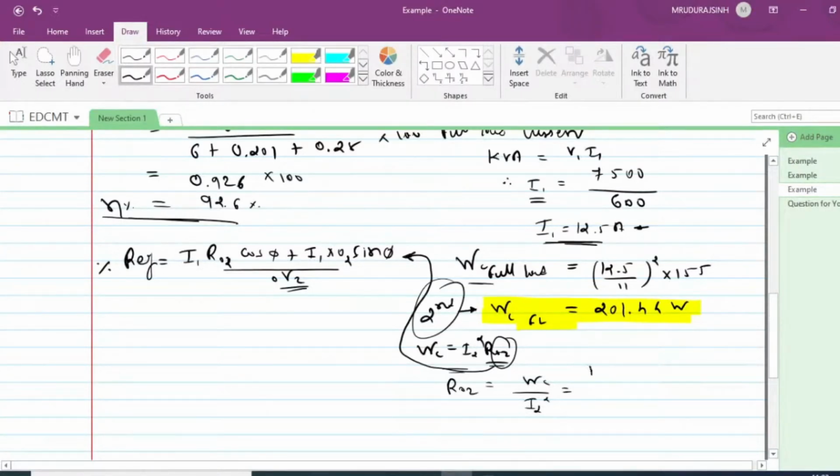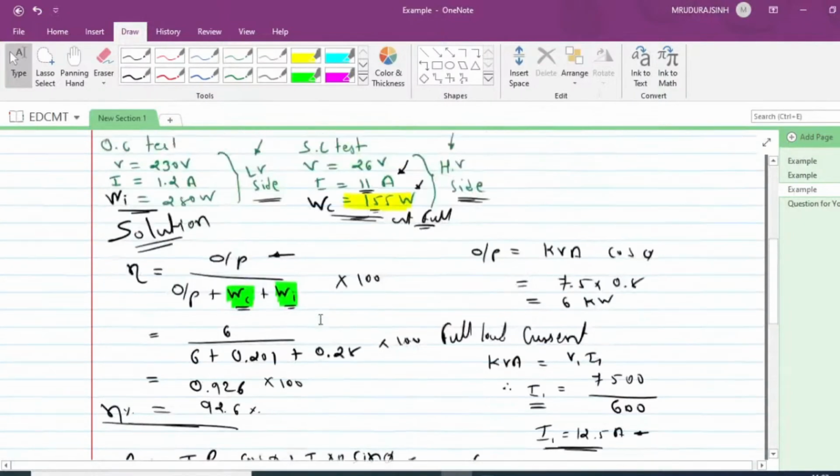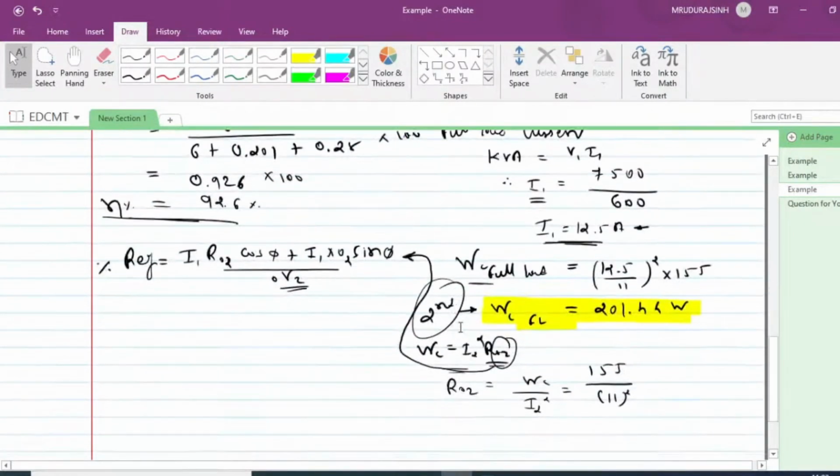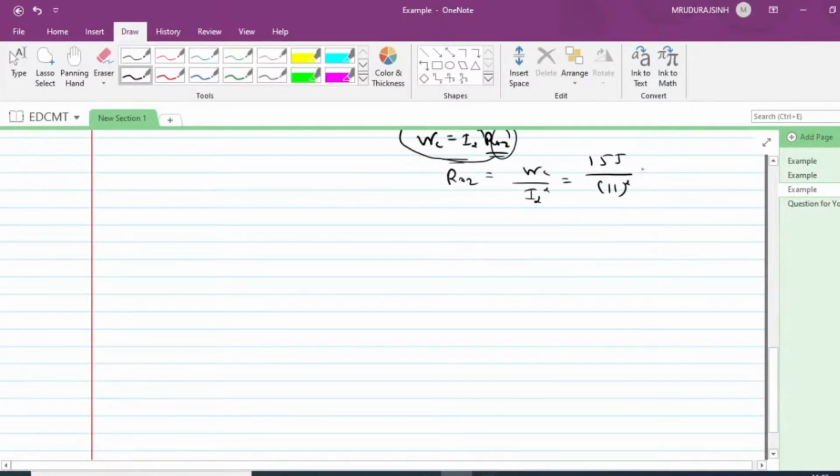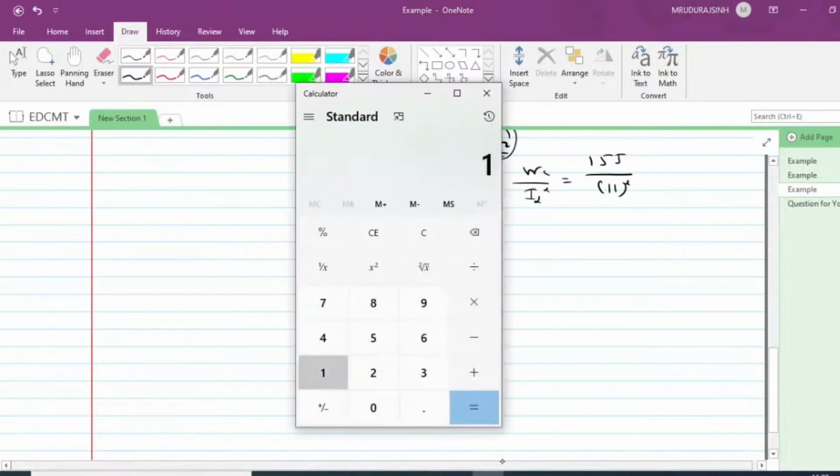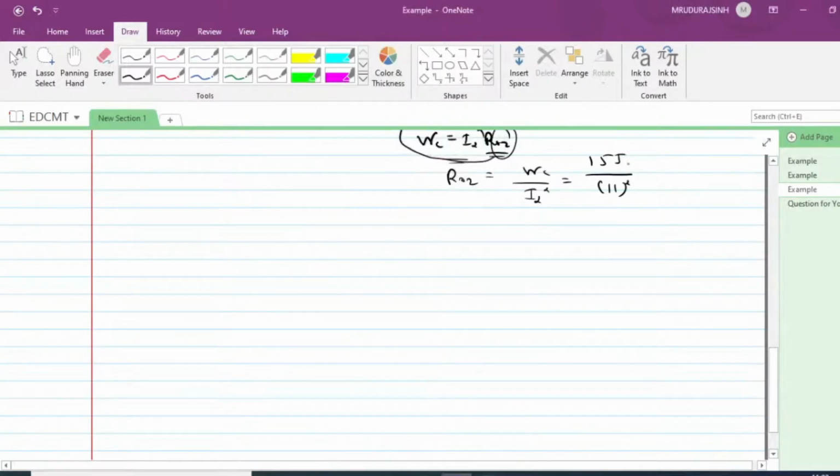The WC is 155 and I2 is 11 ampere, because at this much power loss the current given to us is 11 ampere. So 11 into 11 gives us 121. 155 divided by 121 gives us 1.28, right? So it's 1.28 ohm, that is R02.